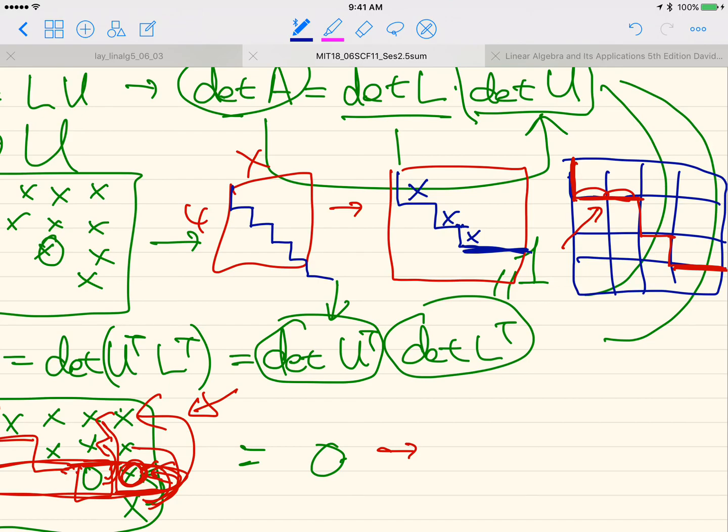So if we go 2 steps at once, we will always end up with the last row being all 0. And a matrix with an all 0 row has determinant 0, which was one of the previous properties that we proved.